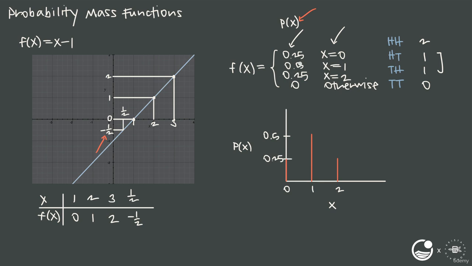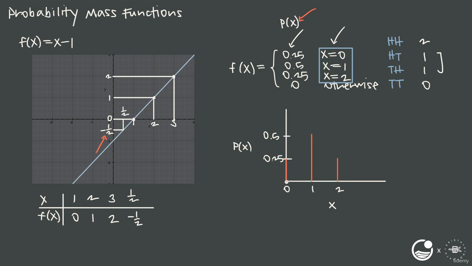So seeing the way that these two things match each other, we should be able to, from this function, sketch the graph of the probability mass function. But we should also be able to take this graph and define in algebraic form up here the probability mass function f of x. Obviously, if we were starting from the graph, we could start here along the horizontal axis to see that x is defined at 0, 1, or 2, and we could set up this part of our probability mass function.